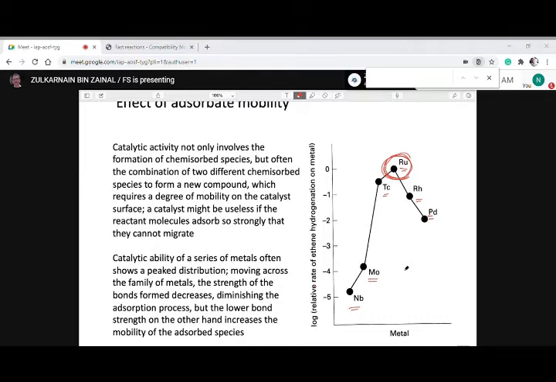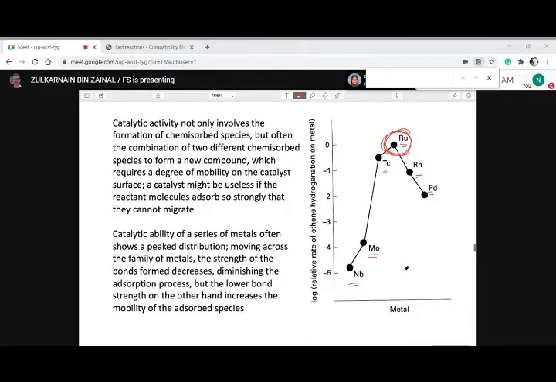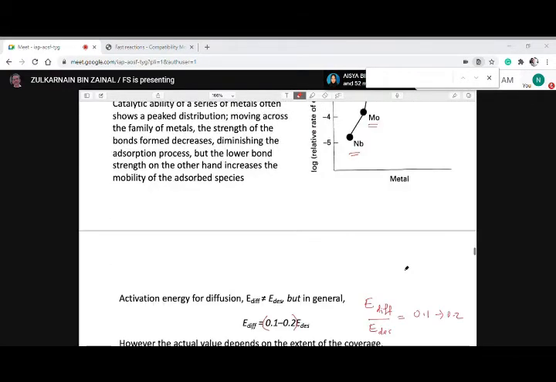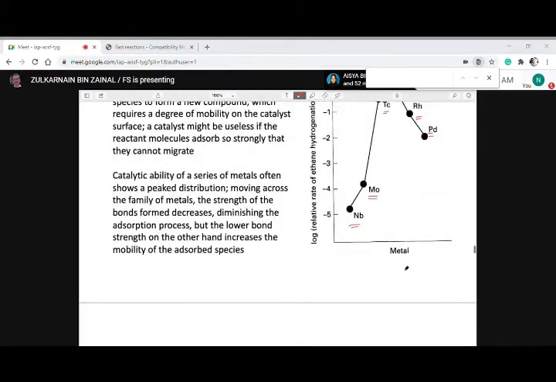We have got to check two things. One is the desorbability of the adsorbate or the reactants from the surface of the catalyst. The other thing is the diffusion. These two processes have to be balanced in order for us to get a good catalyst.